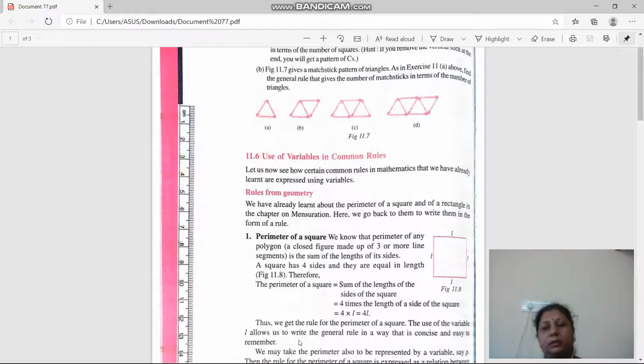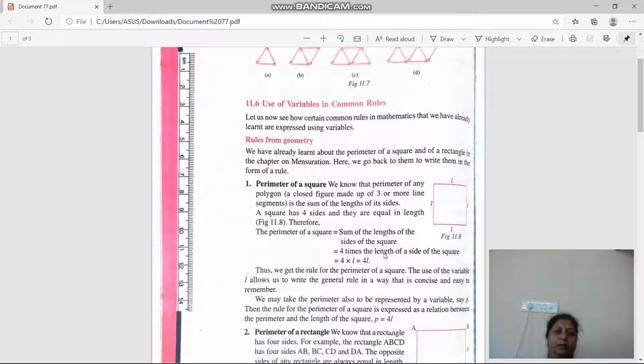The use of the variable L allows us to write the general rule in a way that is concise and easy to remember. Okay. So, for perimeter, we use the letter variable P. We may take perimeter also represented by a variable, say P. Then the rule for the perimeter of a square, expressed as a relation between perimeter and the length of the square side, is P is equal to 4L.